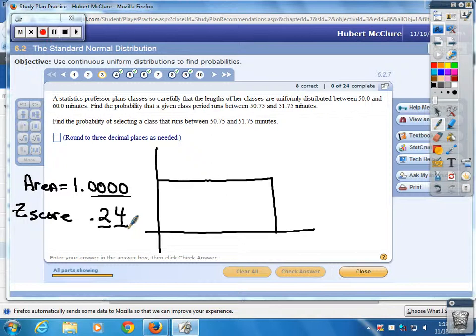The area in this region is 1.0000. Now what kind of shape is this? Back from our pre-algebra days, we know that the area of a rectangle or a quadrilateral is equal to length times what? Well, that's a little bit too complicated for people.